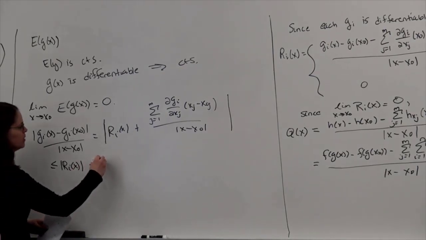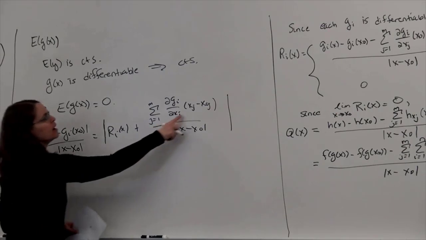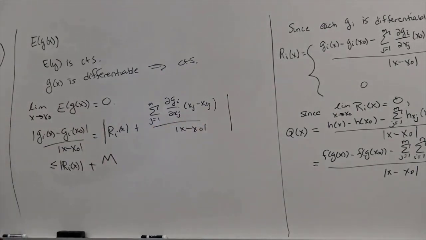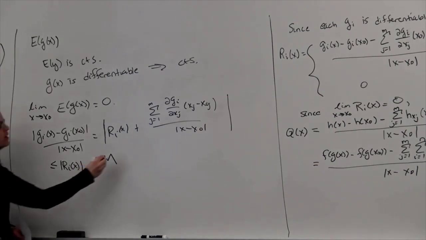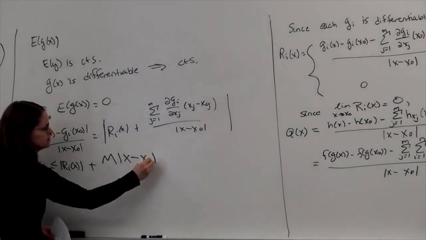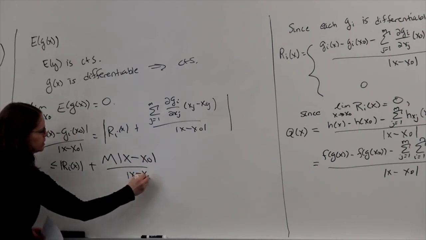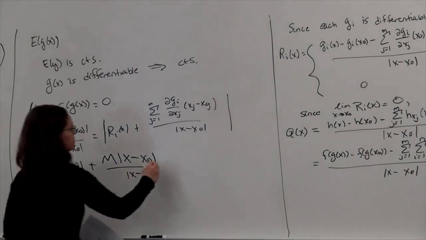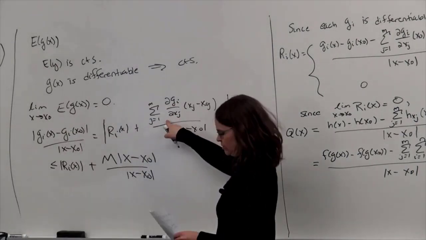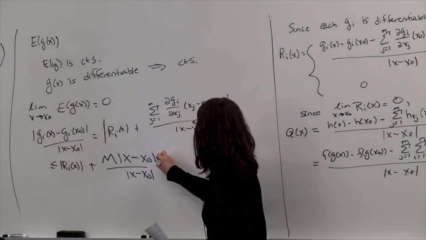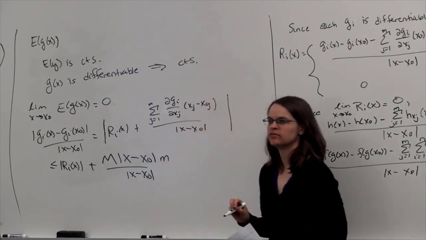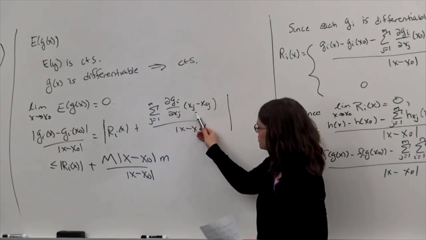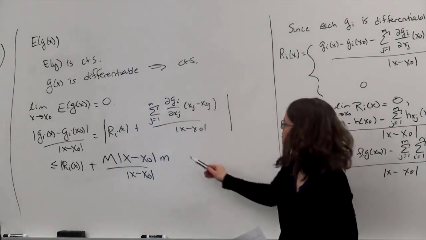So I'm going to call this maximum M. This is the component-wise difference between x and x naught, is going to be bounded by the length of the vector. And then the length of the vector is here again. And we've done this, I guess, little m times. So I should include that we've done this little m times. Right? So I've given each of these terms the same bound. This is bounded by M times x minus x naught, and then we add them all up.